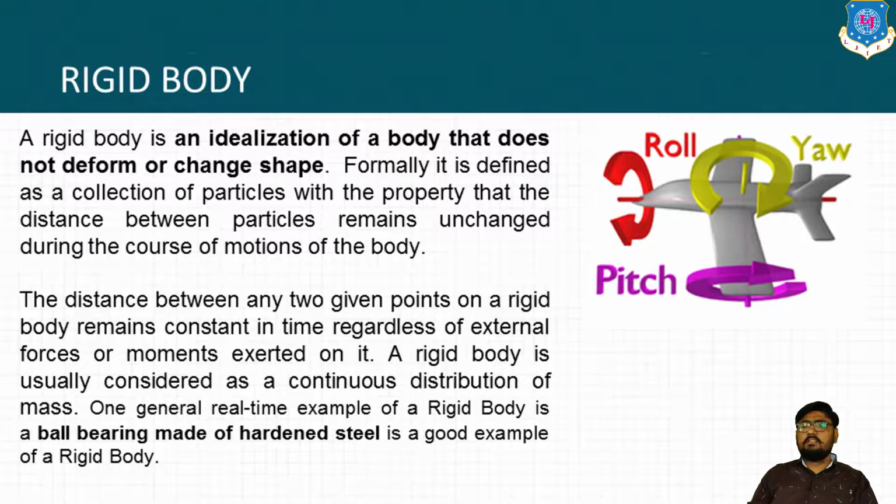You can see all these 6 degrees of freedom. It can move in any direction. This direction will be pitching, this will be yawing, and this will be rolling. So in all directions it is free to move, but the shape and size do not change, hence it is considered a rigid body.